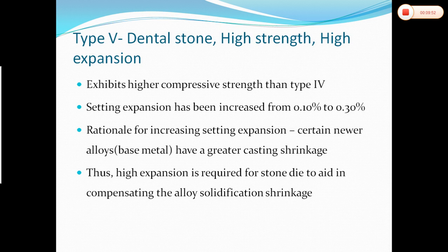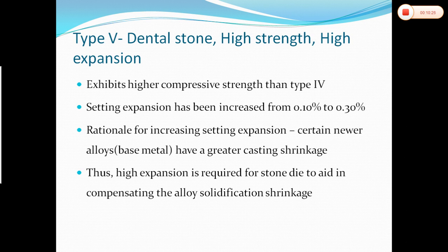Type 5 exhibits higher compressive strength than type 4. Setting expansion has been increased from 0.10% to 0.30%, so expansion is more than type 4. The rationale for increasing setting expansion is that certain newer alloys, like base metal alloys, have greater casting shrinkage. To prevent the casting shrinkage, this expansion has to take place, because shrinkage is lessening the size and expansion is increasing the size.